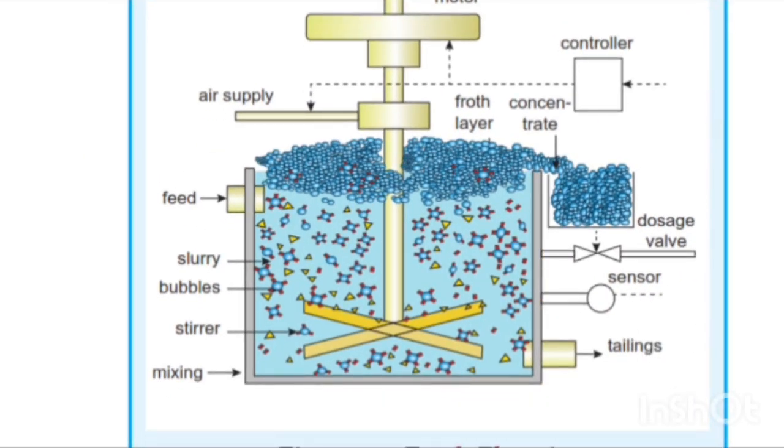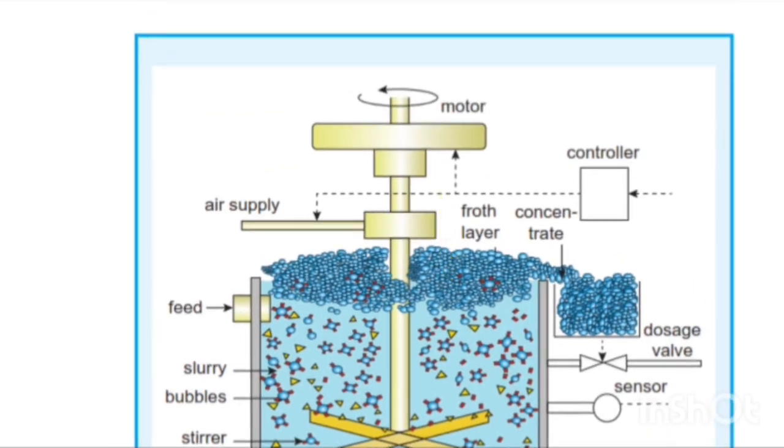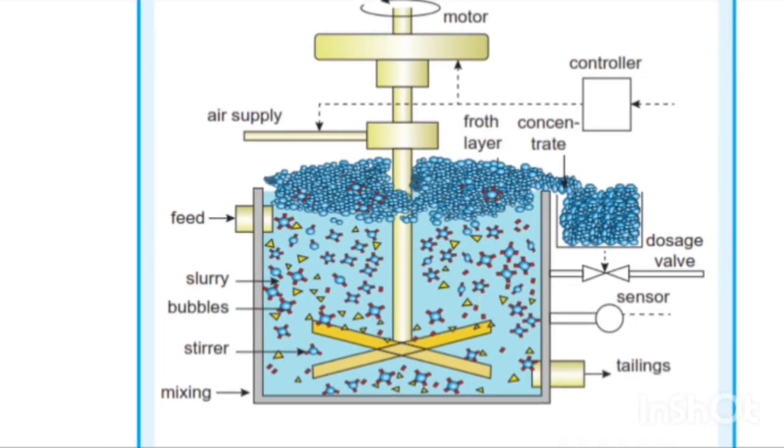So here, using the blade, the motor is rotating for mixing the pine oil, the sulfide ores and water, and the bubbles are forming and entering above the liquid surface as froth, and the froth will be collected on the right side in a separate container.